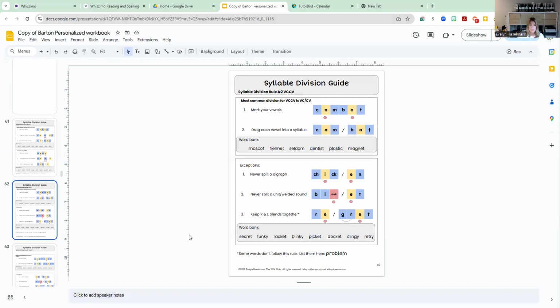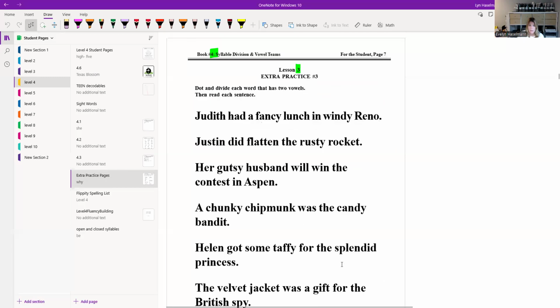Okay. Let's take a look at the extra practice pages. We are simply going to work on dot, dot, divide. So I want the students to get, let's make this a little bit bigger so that you can see this more clearly here. Make sure this is nice and big. Okay, it is. So, divide.